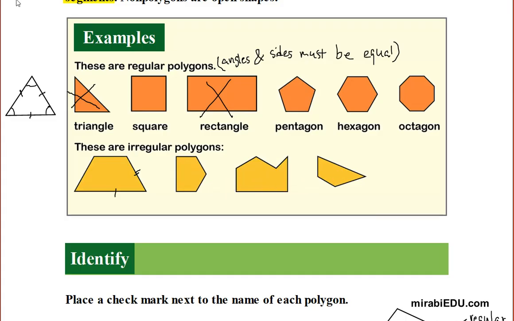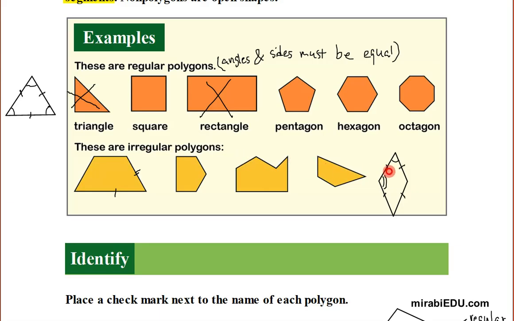Let me make more examples. For example, if we have a rhombus, or diamond, again it's an irregular polygon. Why is it an irregular polygon? Though all the sides are equal to each other, the angles are not. So this angle is not equal to this angle, therefore a diamond is an irregular polygon.